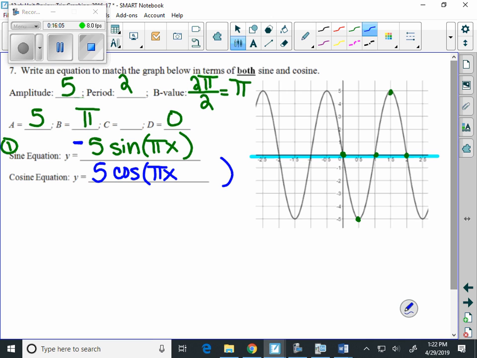And when I look at the cosine function, I'm looking here at where I just put those blue points. There's my cosine curve.